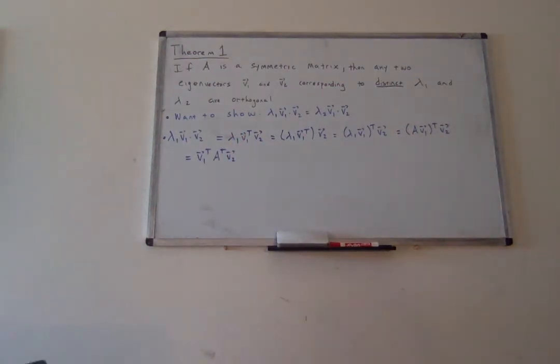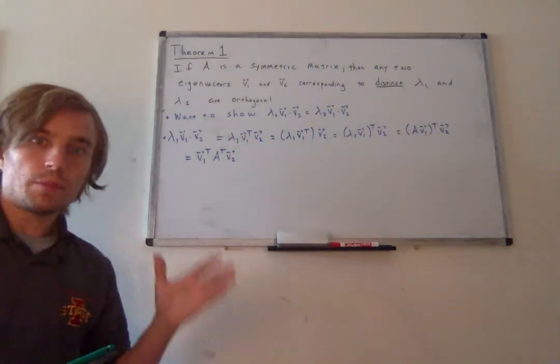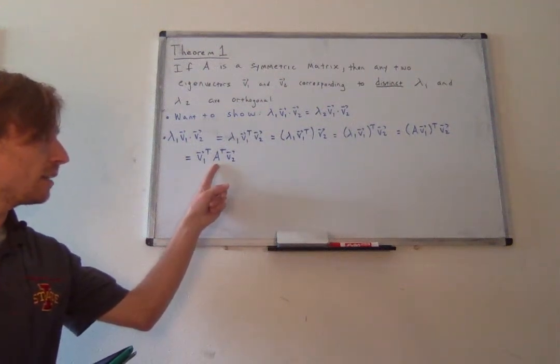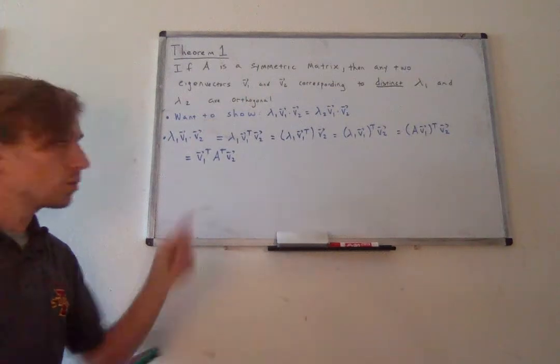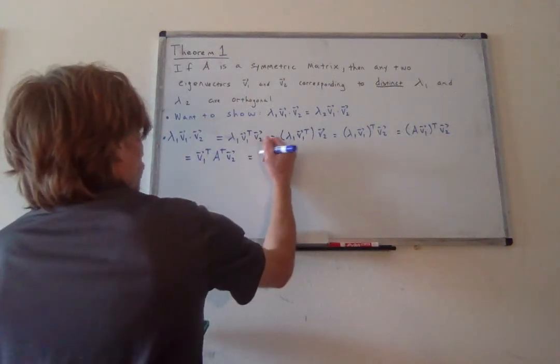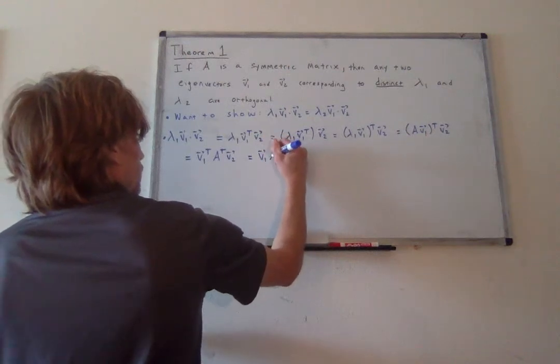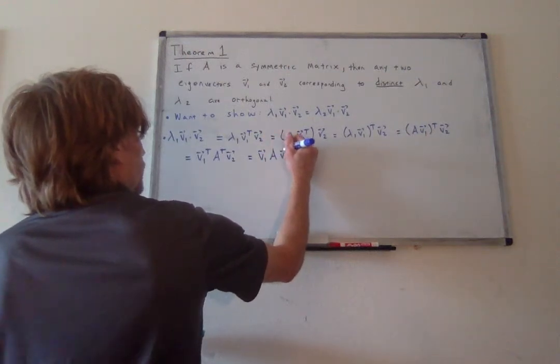But what do we know? And this is the step that relies on A being symmetric. We know that A is equal to A transpose. So this is equal to v1 transpose times A times v2.